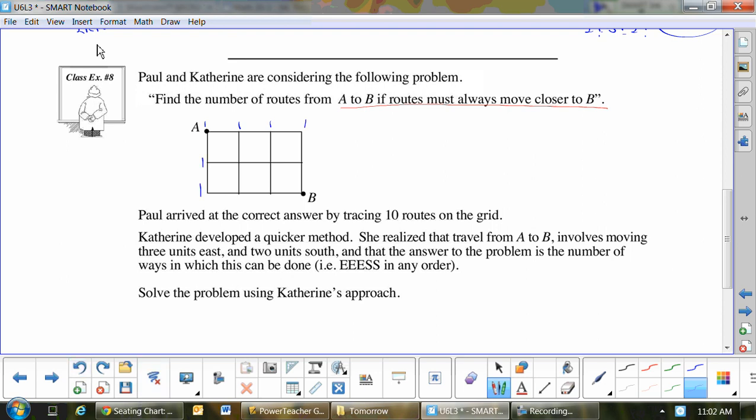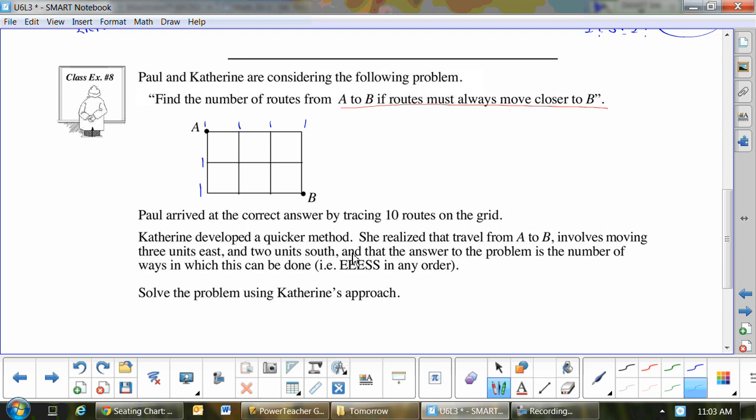This isn't saying the number of blocks to get to here. If you were here, how many ways are there to get here? Just one way. Do you see that? People say, oh, but you could go like this. There's another way. No. You moved farther away from B. So there's only one way to get from here to here. Same thing from here to here. There's only one way. And same thing from here to here.